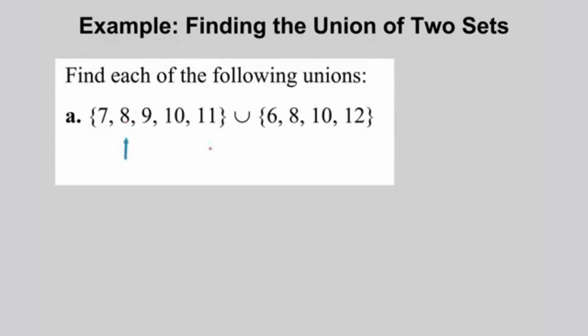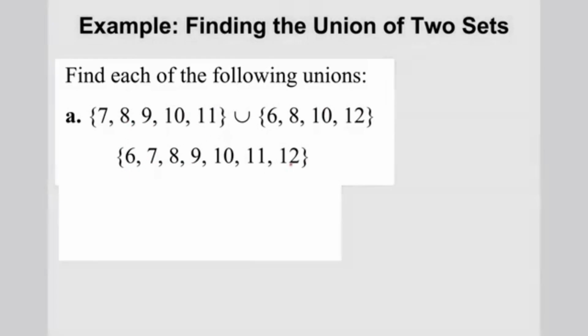Since 8 is not distinct, you have 8 here and 8 here, you're just going to write that once. And also for 10. 10 here will only be written once. So therefore, the union is the set of all elements containing 6, 7, 8, 9, 10, 11, and 12.